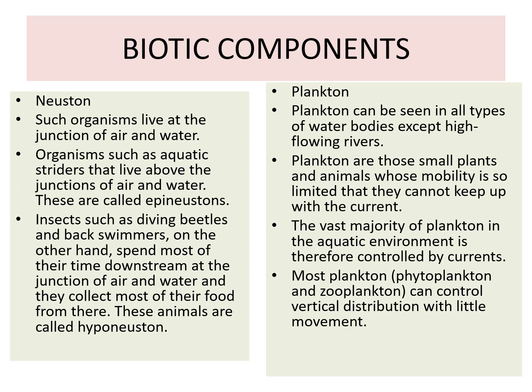Organisms such as aquatic striders that live above the junction of air and water are known as epineustons. Whereas insects such as diving beetles and backswimmers spend most of their time below the junction of water and air, and they collect most of their food from water. These animals are known as hyponeustons.